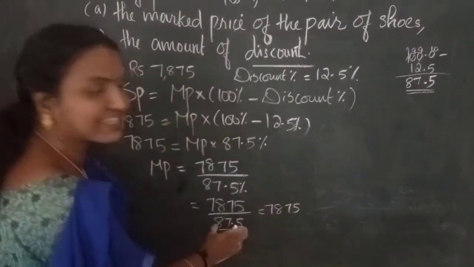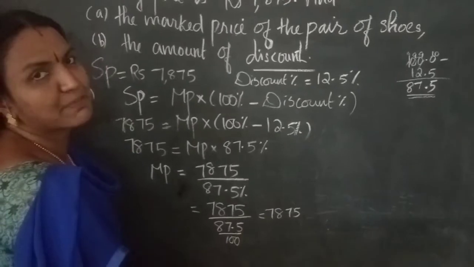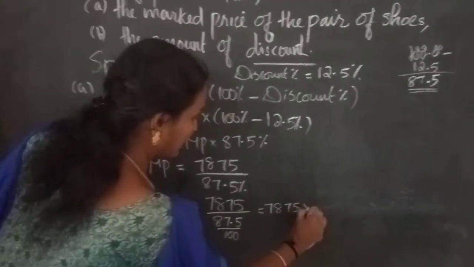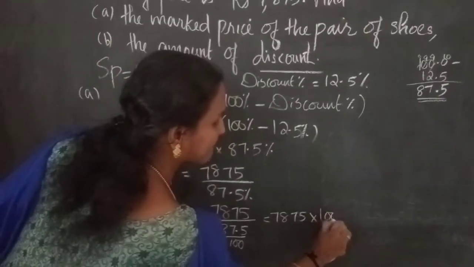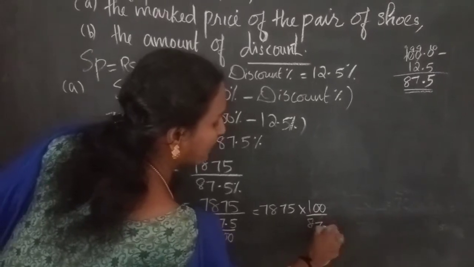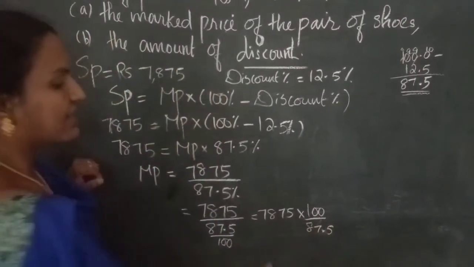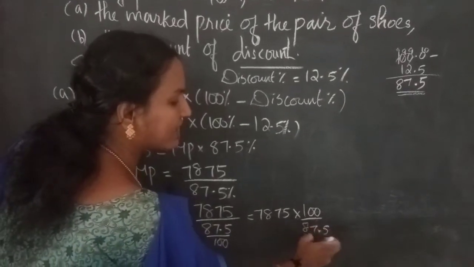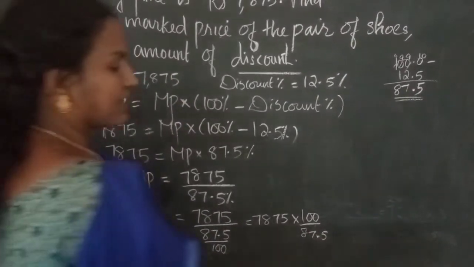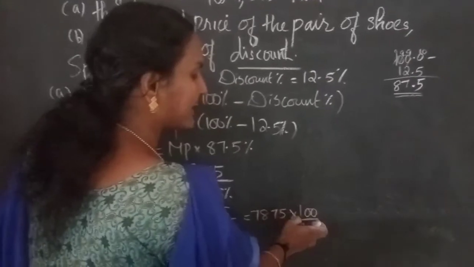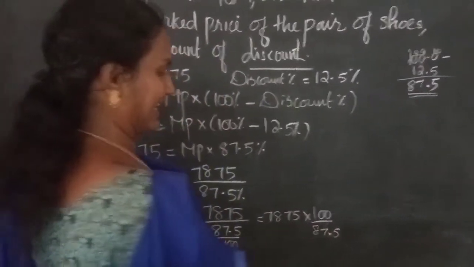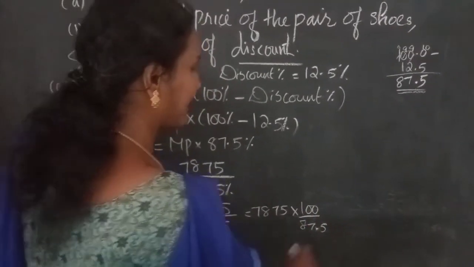Here the denominator is a fraction, so multiplying by the reciprocal of the fraction: into 100 divided by 87.5. This is in the denominator, it's a decimal number, so multiplying the numerator and denominator by 10.